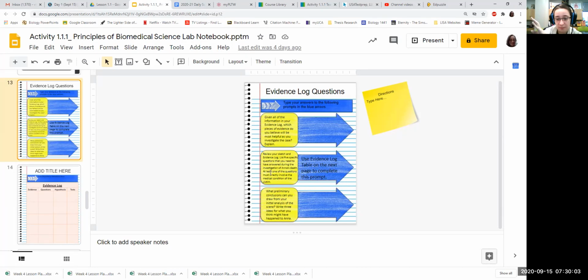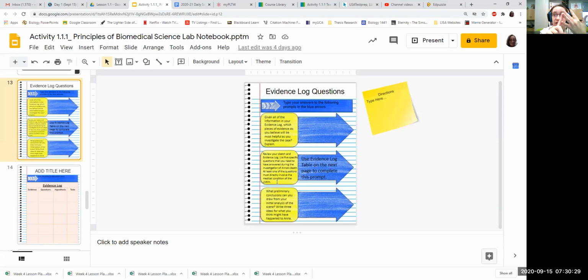So what it means by at least one of the questions must directly involve the medical condition of the victim is that you have to take into consideration, like, did Anna have any underlying medical conditions that caused her death?